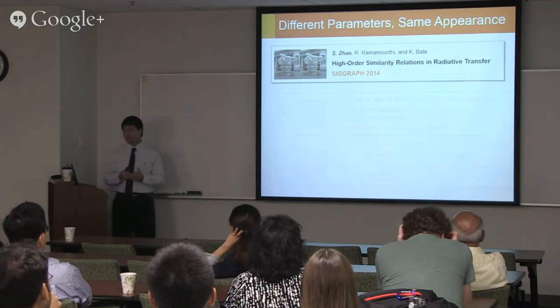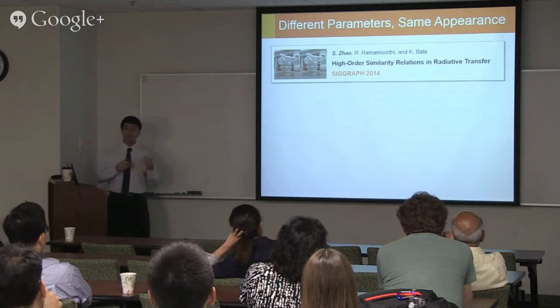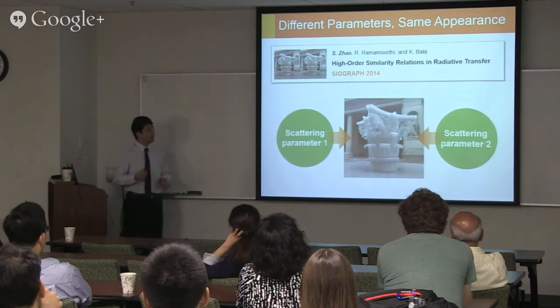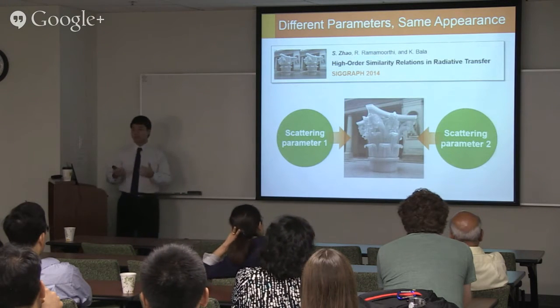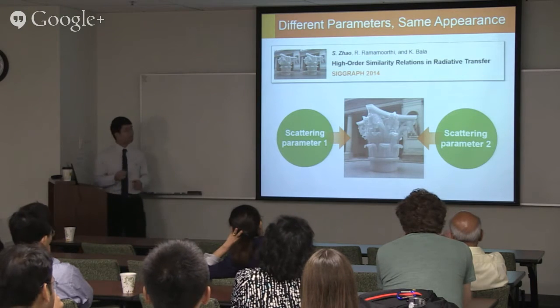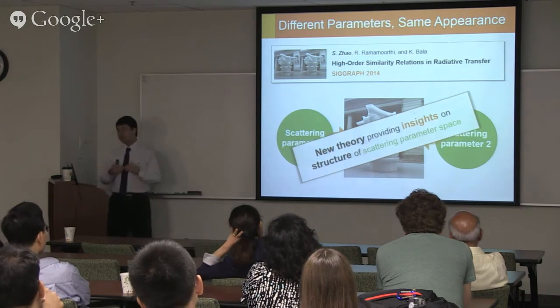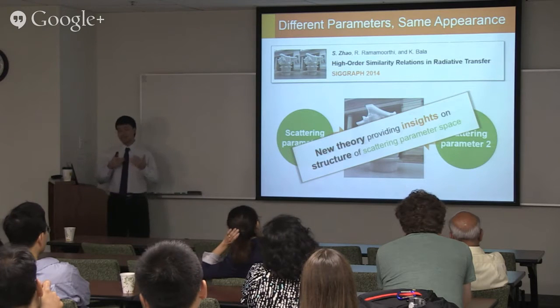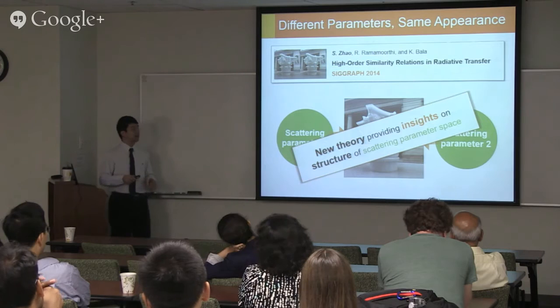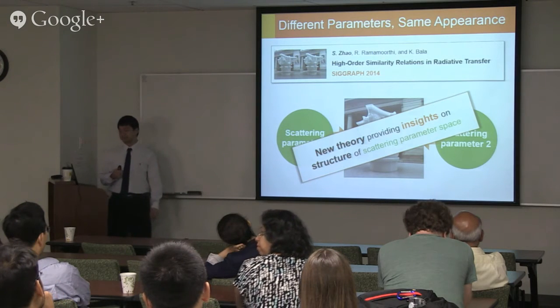In volumetric light transport, the mapping between material property and final appearance is not one-to-one. In other words, there can be multiple scattering parameters that lead to the same material property. We introduced a new theory which studies this fact and provides fundamental insights into the structure of scattering parameter space.